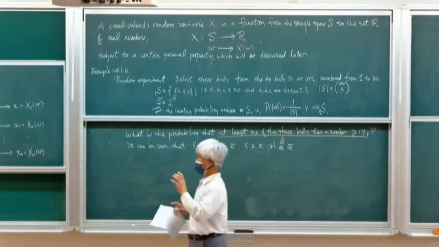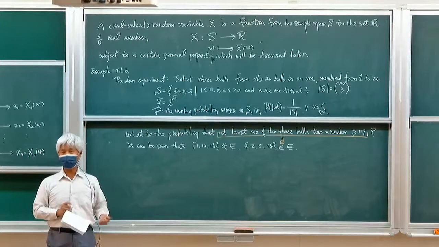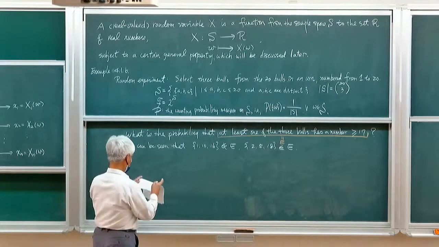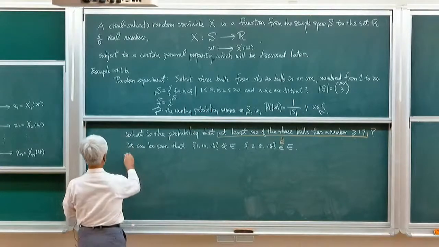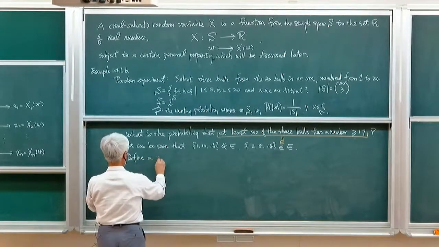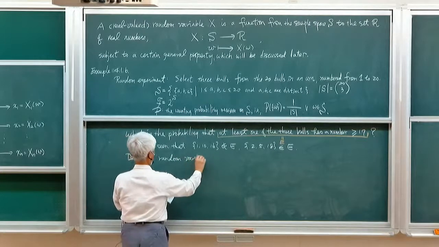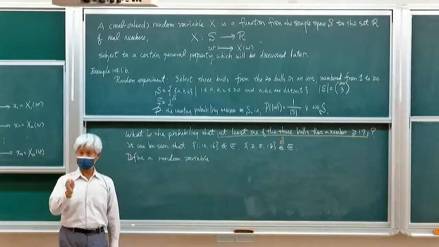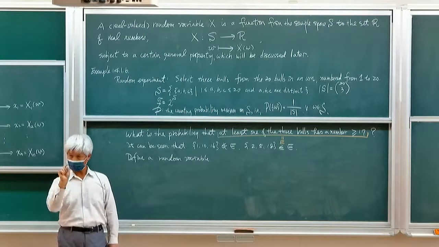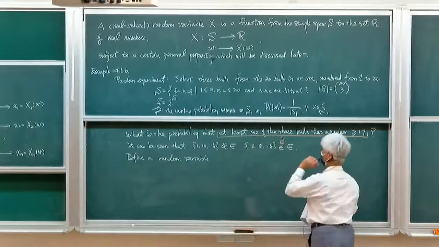Now I will describe another approach by using random variables. So we will define a random variable. Defining a random variable means that we want to extract a feature or a characteristic which will help us to solve our problem.